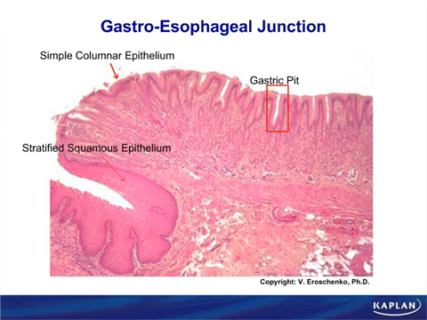That's normal. Now, what's it called when the columnar epithelium of the stomach extends into the esophagus? That's called Barrett's esophagus, or columnar metaplasia. Barrett's esophagus is when the stratified squamous on the left starts becoming simple columnar epithelium.